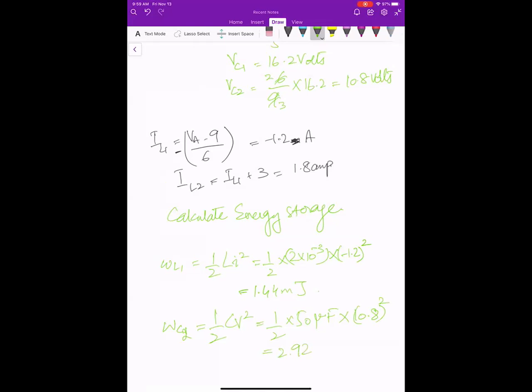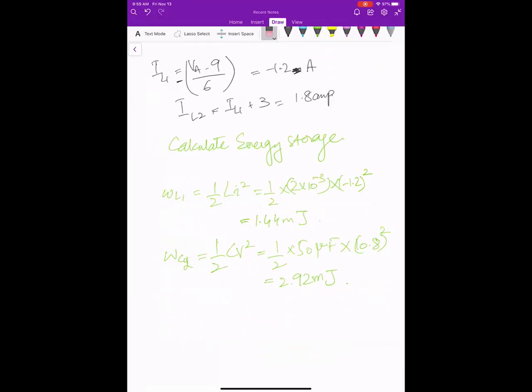And that is 2.92 millijoules. So that's how you can calculate the energy storage in the circuit. Okay, sounds good?